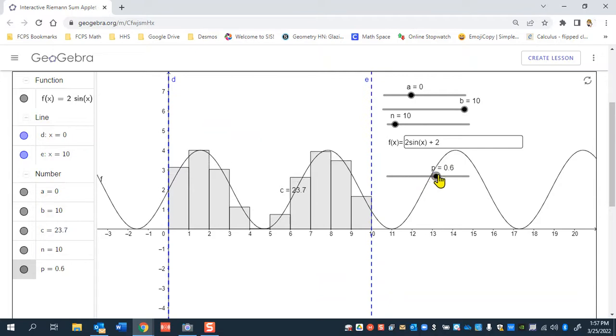What do you think P represents as I slide back and forth? Just watch one rectangle. Everybody pick one rectangle. Focus in on it like this. What happens to that rectangle?